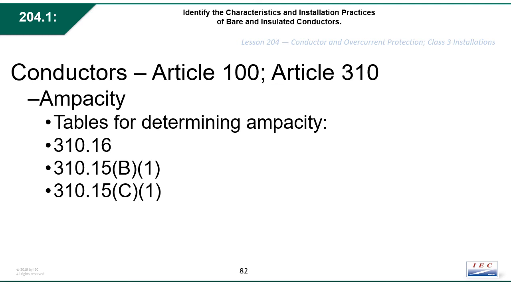And then 310.15(C)(1), number of current carrying conductors in a raceway. The ampacities found in Table 310.16 are based on no more than 3 current carrying conductors in a raceway. If there are more than 3 current carrying conductors in a raceway, you're using 310.15(C)(1) to make corrections.